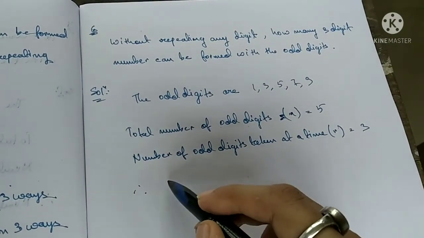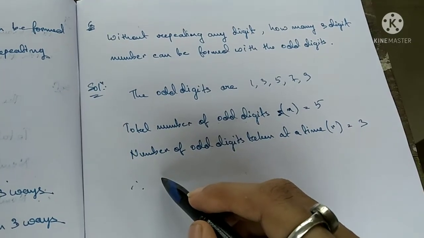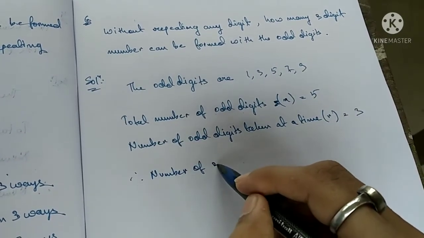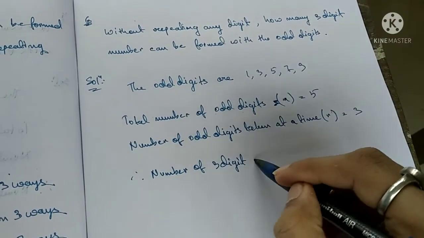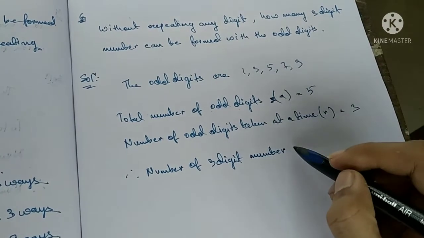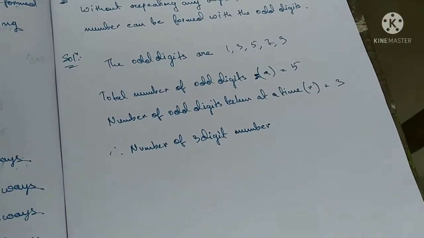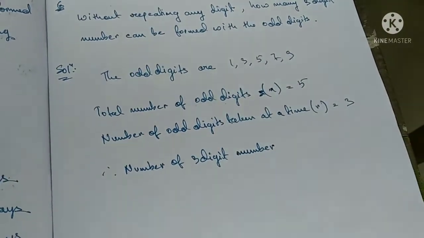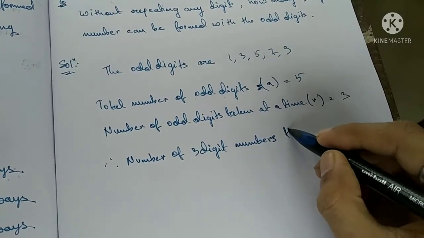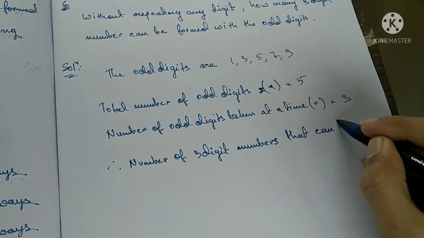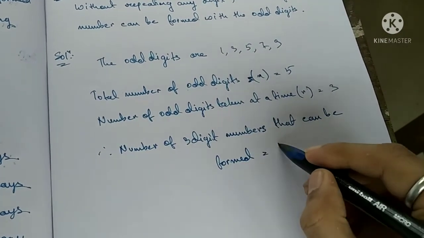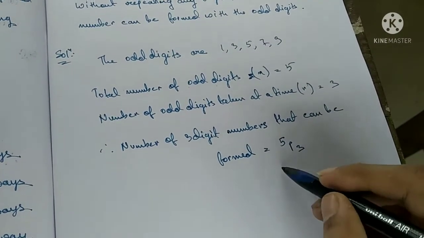So therefore, the number of 3-digit numbers that can be formed will be 5P3.